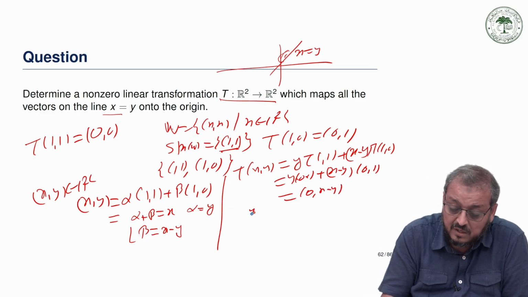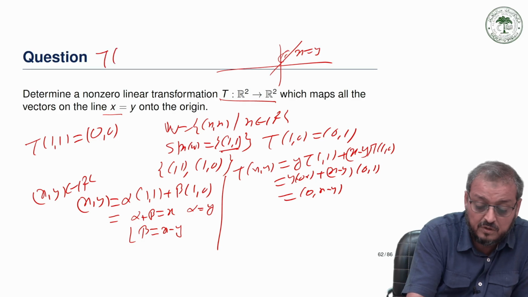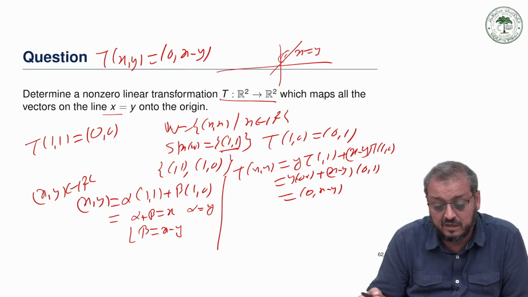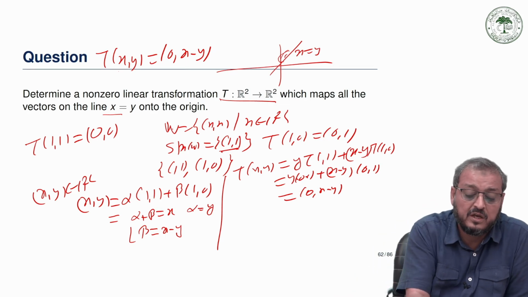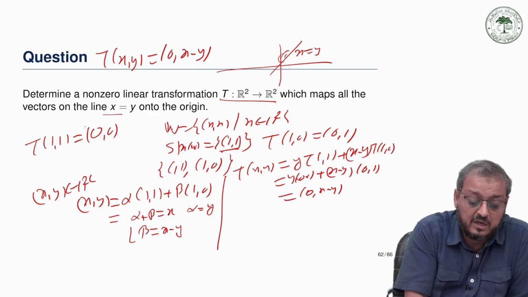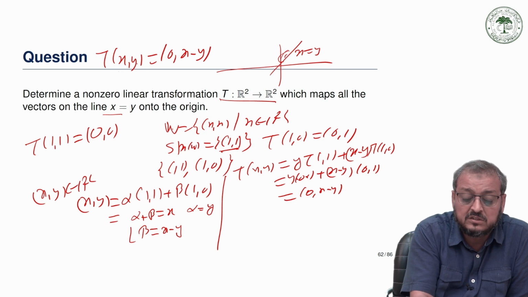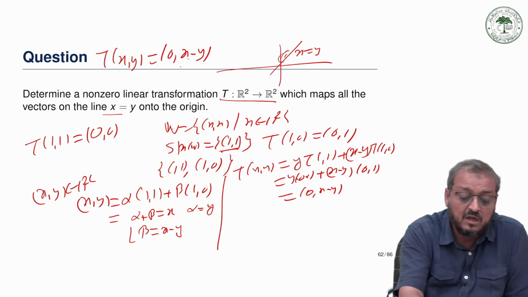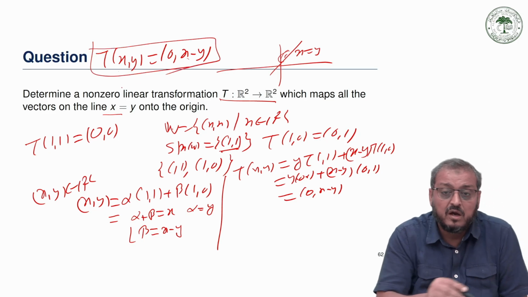So the general formula is T(x, y) = (0, x − y). You can check: if you take a point (1, 1) on the line x = y, it is mapped to (0, 0). This is the general formula.